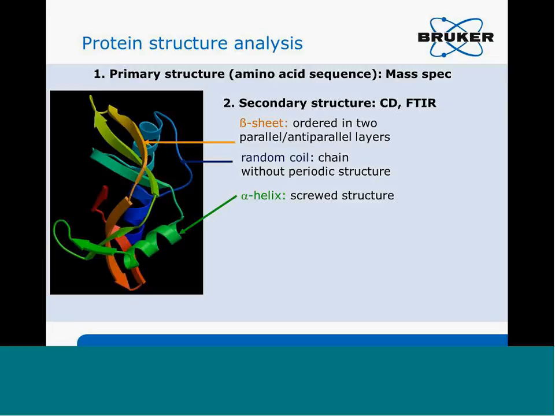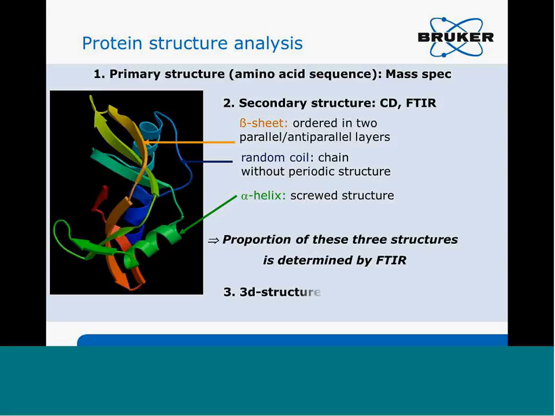Secondary structure is related to helix content or beta sheet content of the protein and also random coil. So the secondary structure consists of alpha helixes, beta sheets, or some random parts. This part of the protein can be identified by infrared spectroscopy.